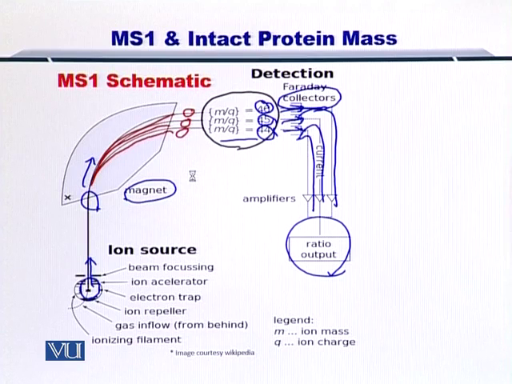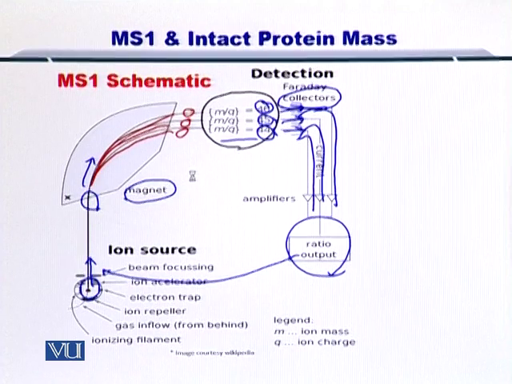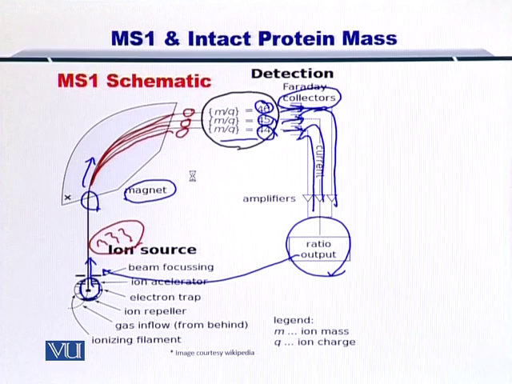This numerical value can be used in any software, in any bioinformatics tool, or you can write your own tools to process these values and actually find out which proteins were there in the original sample. So this gives you an overview of how MS1 works.